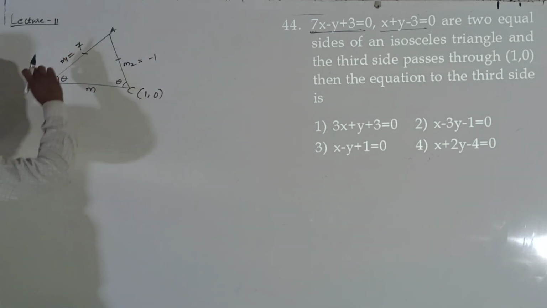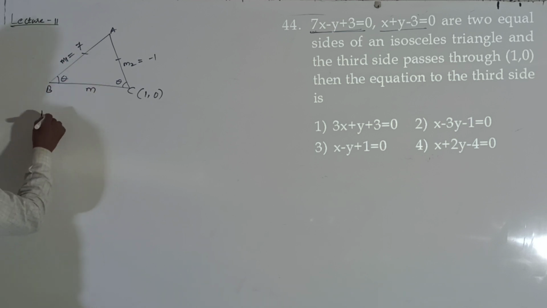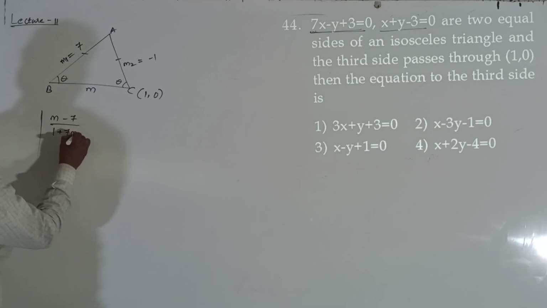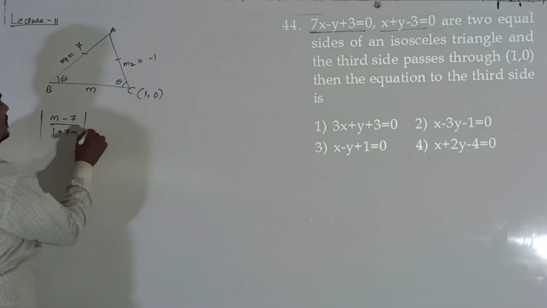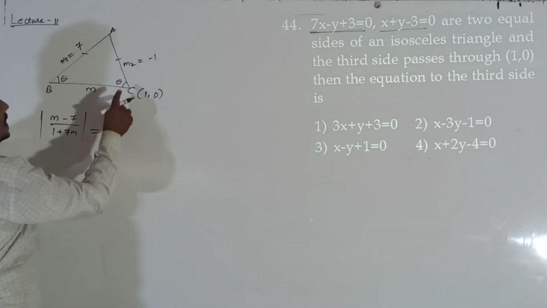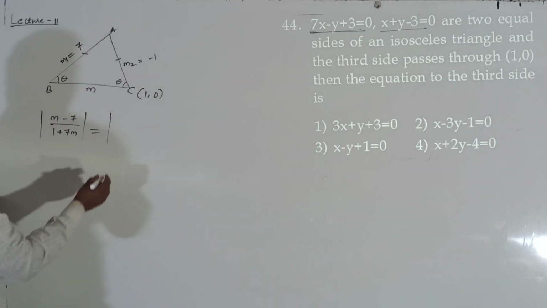Angle between these two lines formula: suppose this is m1 and this is m2, m2 minus m1 divided by 1 plus m1 into m2, right? Using the tan theta formula for the angle between AC and BC, you get this one. And here tan theta equal to tan theta. Then the angle between AC and BC or CB: this is m2, this is m1, m2 minus m1 or m1 minus m2.